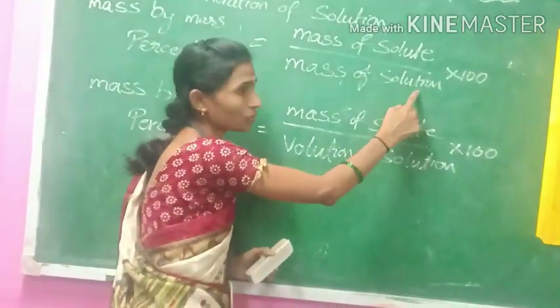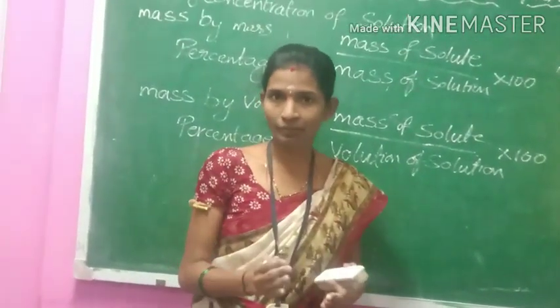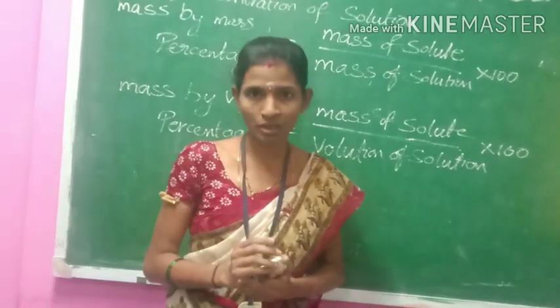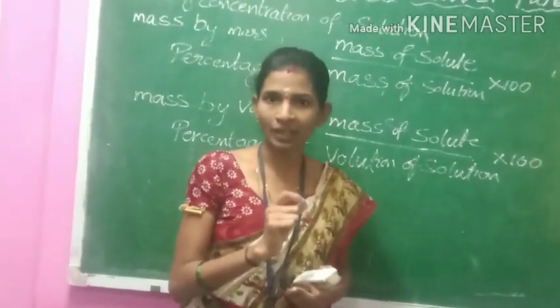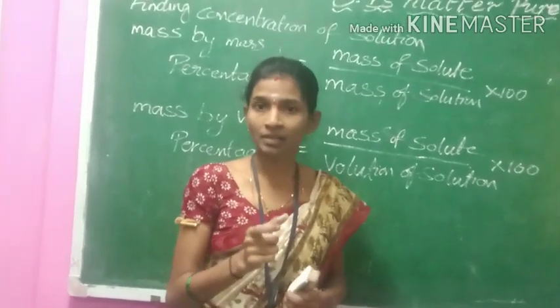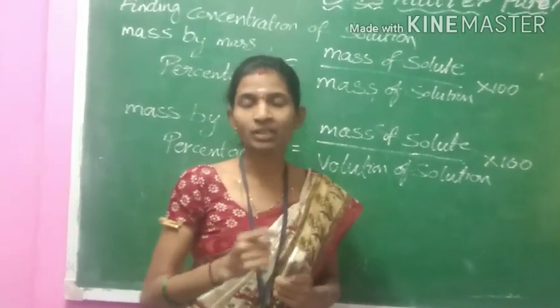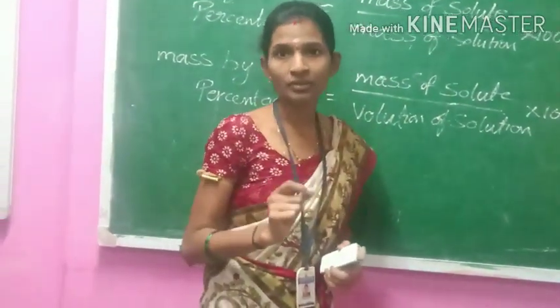by mass of solution. When we add solute and solvent and prepare the solution, do you think the mass of solution will be equal to the mass of solvent? No, the mass of solution will be equal to the mass of solute plus the mass of solvent.